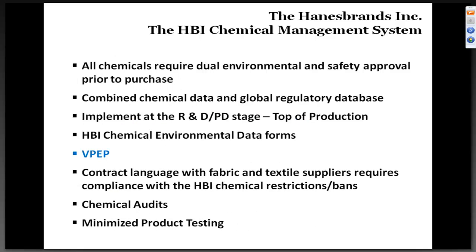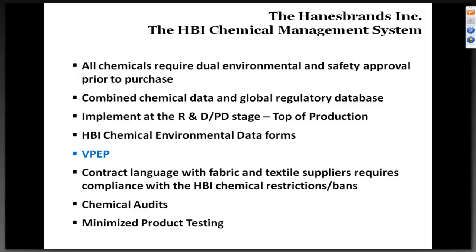With regards to internal of HanesBrands, and again, this is about 95% of the product we put on the market. We have an internal dual environmental and safety approval program in place. All chemicals that go into our facility, and I highlight all chemicals, maintenance chemicals, janitorial chemicals, manufacturing chemicals, have to be approved by us before they're allowed to go in the facilities.